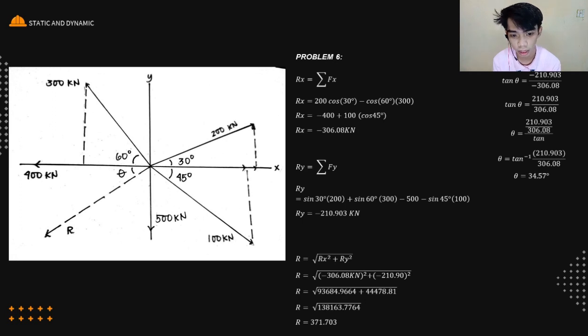So, we substitute. The answer is 371.703, which is the force of our R. For the angle, tangent theta is equal to Ry over Rx. So, using our calculator, shift tangent, 210.903 divided by 306.8. The angle of our R will be 34.57.